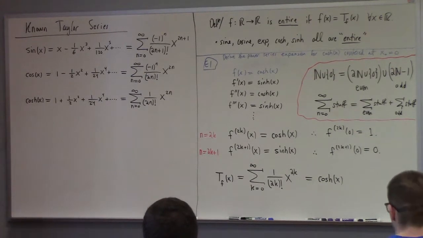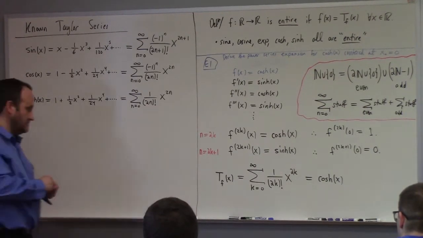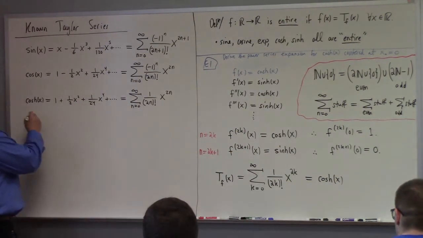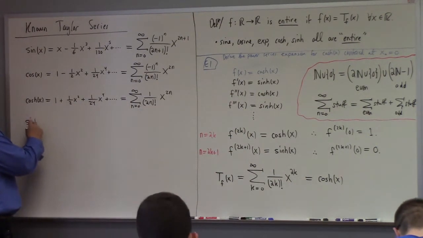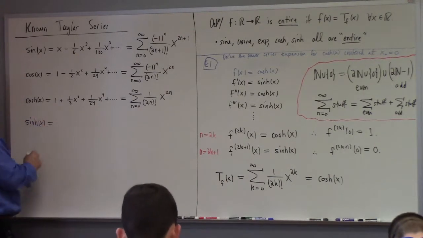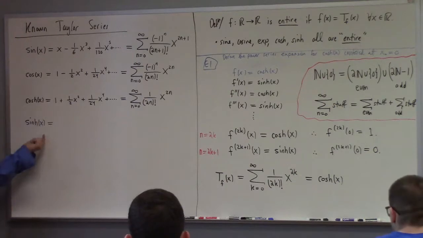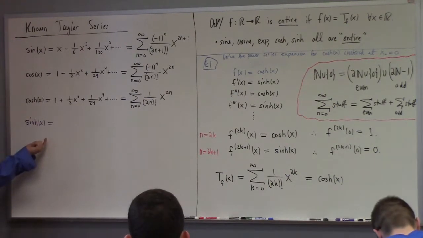Okay, great. What's the power series for hyperbolic sine? We can just differentiate the hyperbolic cosine series, right? Because the derivative of cosh is sinh, and we know term-by-term calculus for power series.